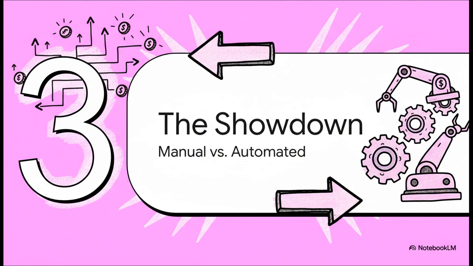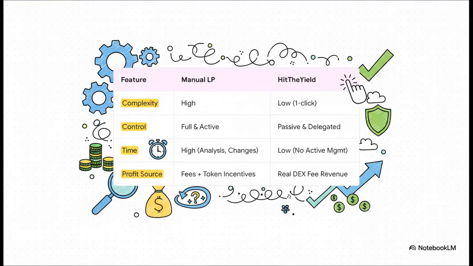All right, now that we've seen both paths, let's get to the main event. Let's put them right next to each other and have a showdown. This is where you can really see the trade-offs, plain and simple. This table really breaks it all down. Let's start with complexity. Manual LP, super high. The automated approach? Low. We're talking one-click simple. What about control? Well, manual gives you full active control over everything.